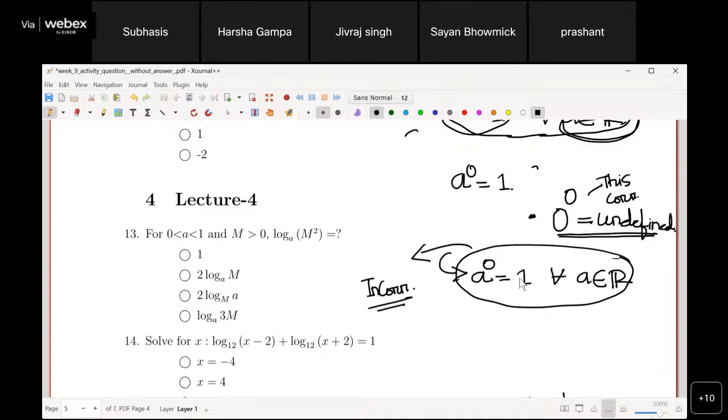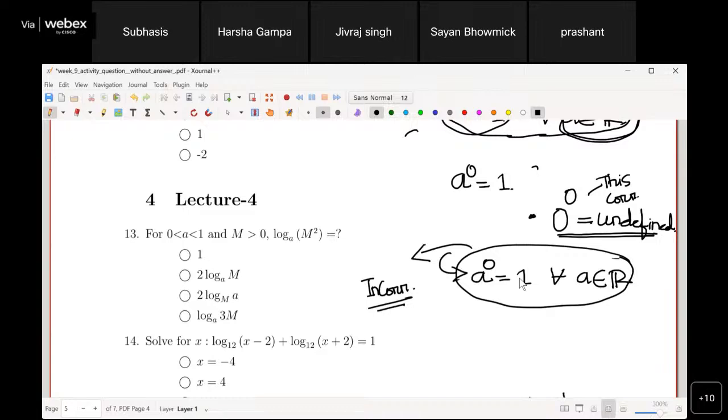Till week 6, we are including 0 as a natural number, right? Yes, sir. Once you start week 7, once you start calculus, in the first lecture itself, Professor Sarang said we are not including 0 as a natural number.